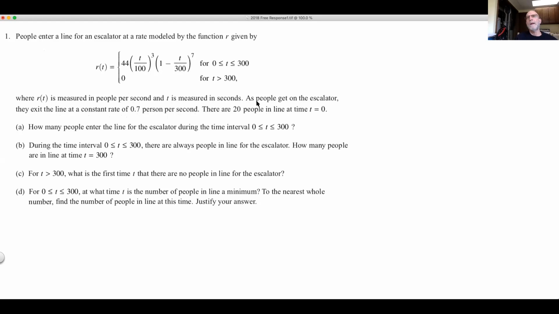So the first question is, how many people enter the line to get on the escalator during this time interval? I'm going to give you a couple of minutes to figure that out. And again, you're going to have to do this. This is a calculator problem. It's from 2018. It was the very first free response.